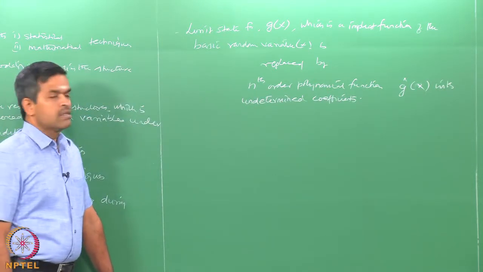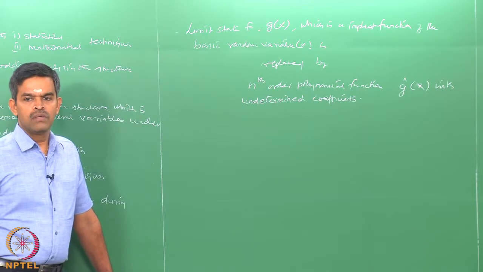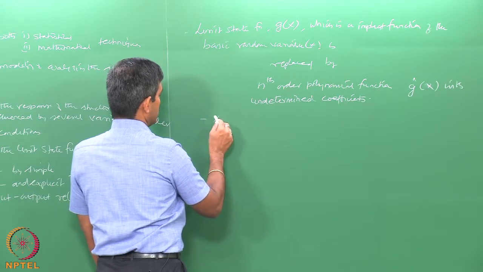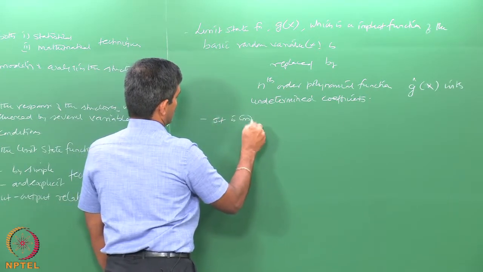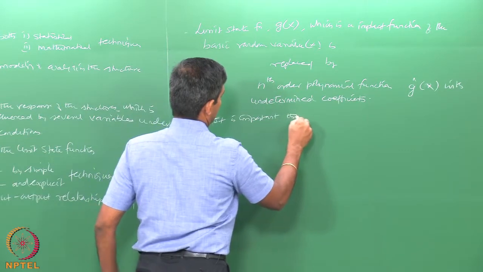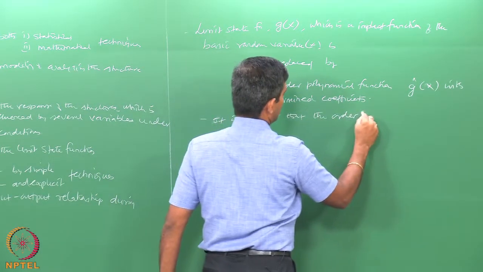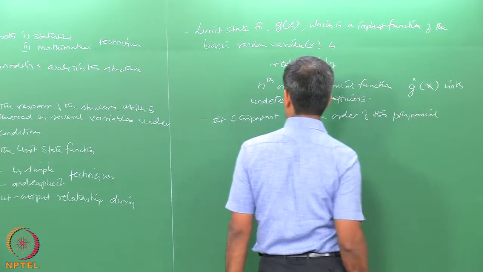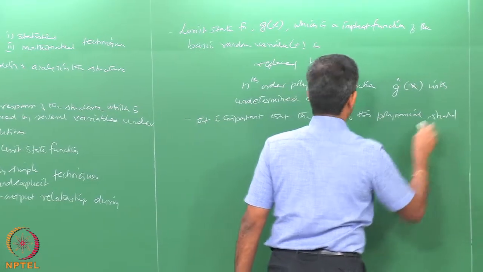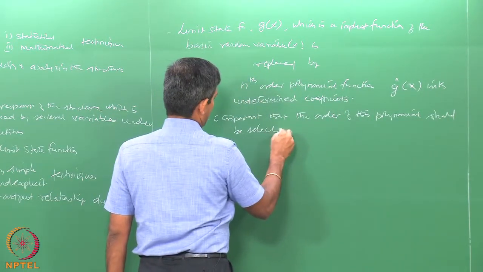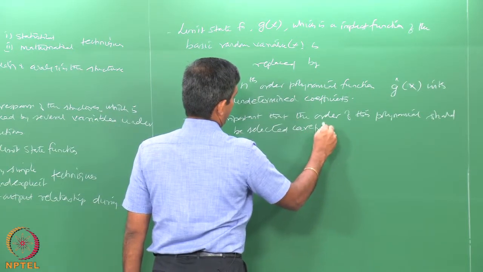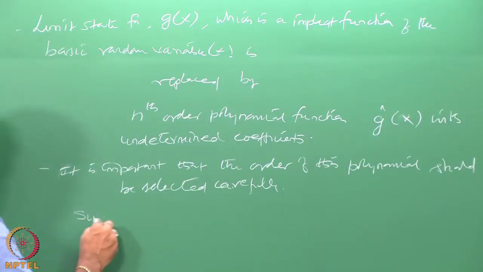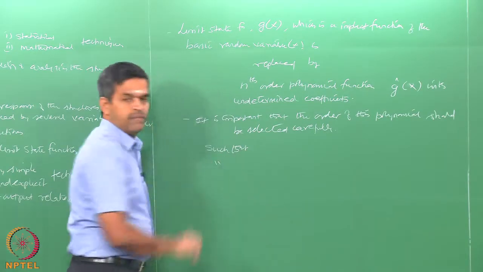Now, interestingly, selection of the order of the polynomial should be done carefully. So, it is important that the order of this polynomial should be selected carefully, such that, what is the condition?